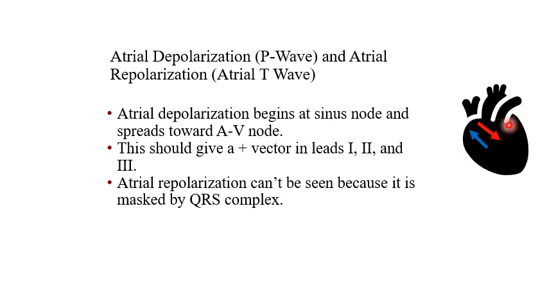So after depolarization, the atria will all be depolarized and will have positive charges all the way through. Now, repolarization will start in the first areas that depolarized. So it is along the rule. The first area to depolarize was close to the SA node.